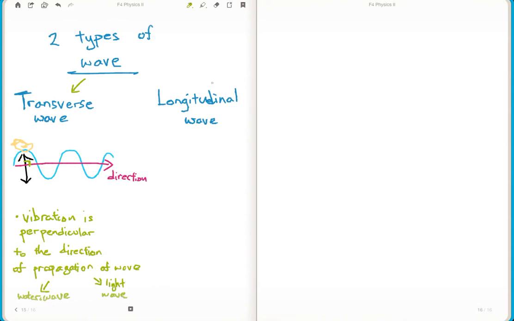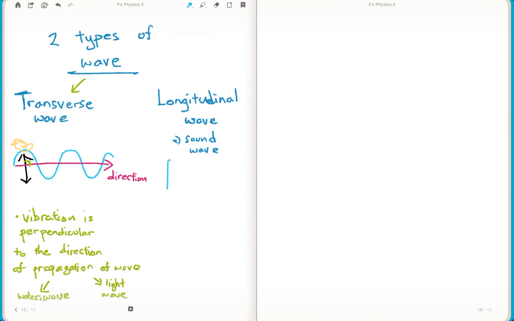And the only longitudinal wave, boys and girls, what will it be? It's called the sound wave. Sound wave is the only longitudinal wave, because what happened, you can't really see those, unless you have the right tools.